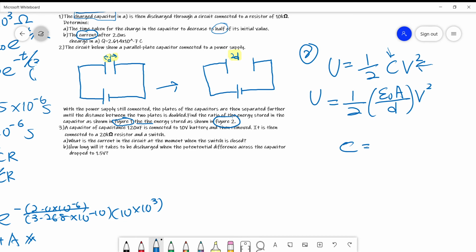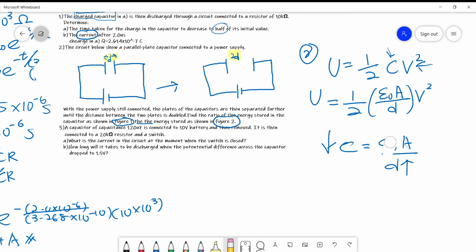Based on C equals epsilon naught A over D, actually what I mentioned just now, bigger, is a mistake. When the plate separation gets larger, the capacitance of the capacitor will decrease. So the capacitance is the one that will be affected when the plate separation is doubled.